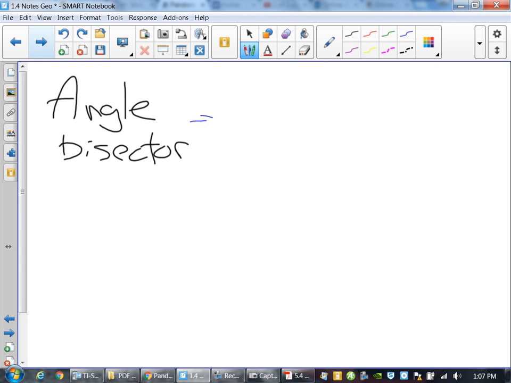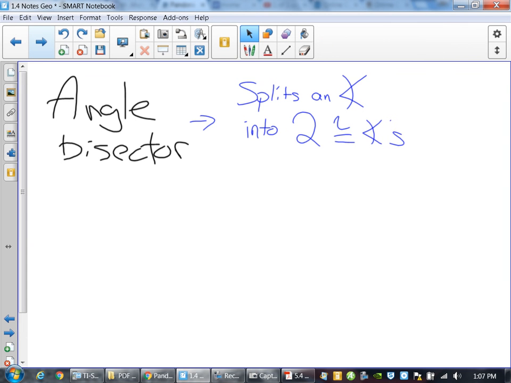So an angle bisector splits an angle into 2 congruent angles. Before, we talked about segment bisectors being possibly points, lines, rays, segments, whatever. In this case, when we talk about an angle bisector, I'd say 9 times out of 10, or even 9.5 times out of 10, you wind up with a ray going through the vertex.